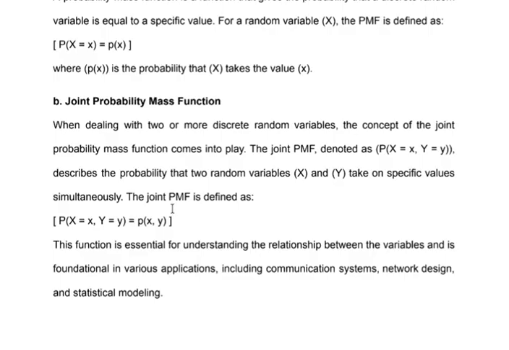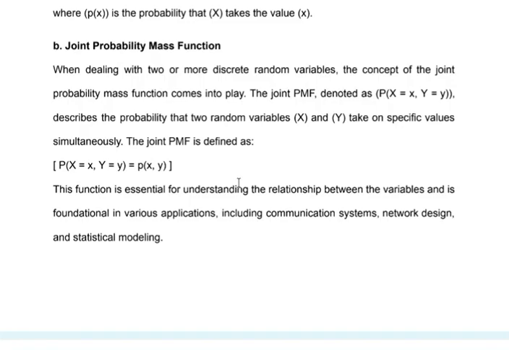The joint PMF is defined as P(X = x, Y = y) = p(x, y). This function is essential for understanding the relationship between the variables and is foundational in various applications, including communication systems, network design, and statistical modeling.